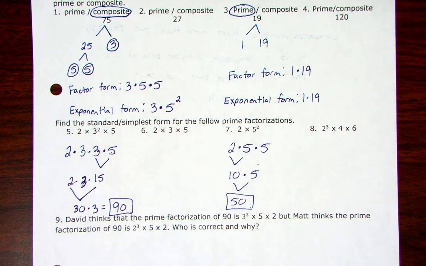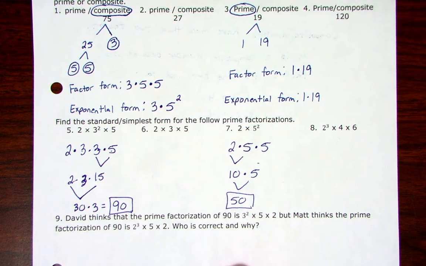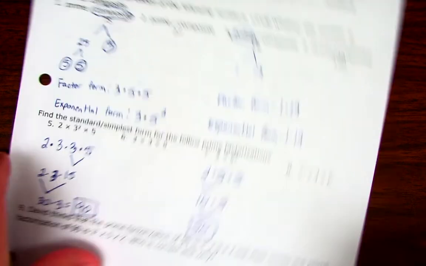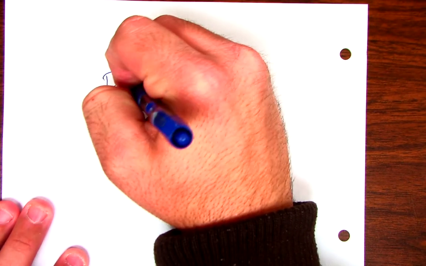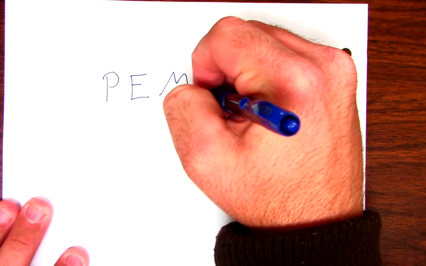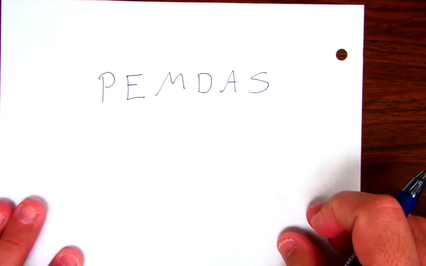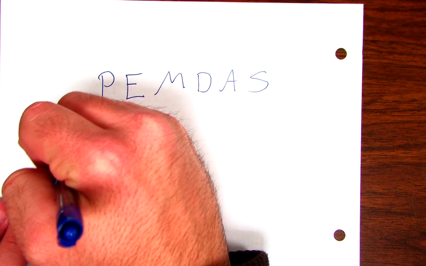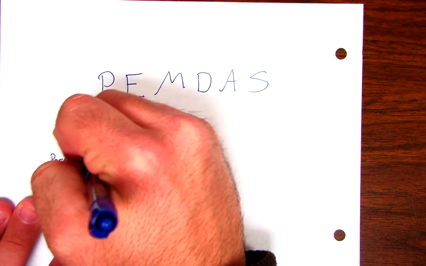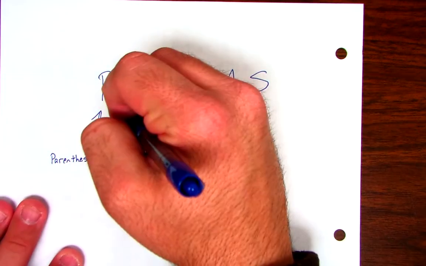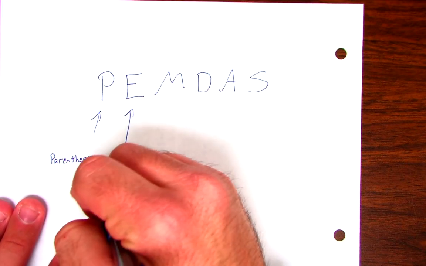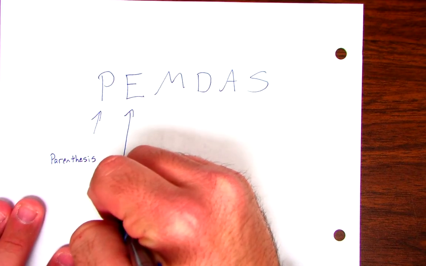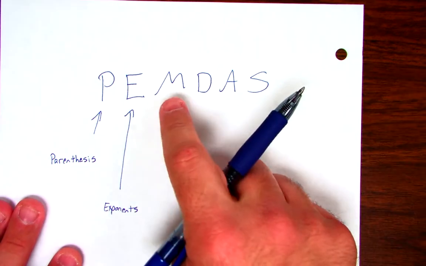Alright, so now I'm going to move on to the second part of the test, which is order of operations. We also know it as PEMDAS. Okay, the P stands for my parentheses. The E is my exponents. Now y'all are going to say multiply then divide.